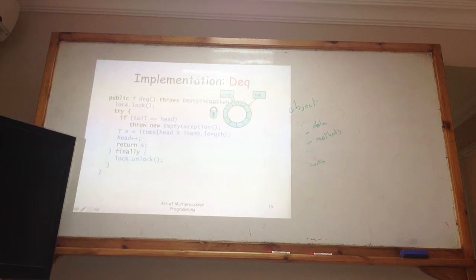If it's empty, it will say it's empty. If not, you take one item from the head. As you can see, head is always incrementing, so you always take the modulo. It takes an element, increments the head to point to the next element, returns x, and then unlocks.